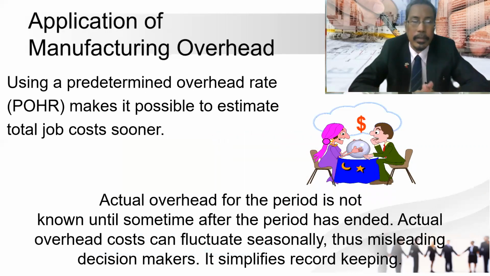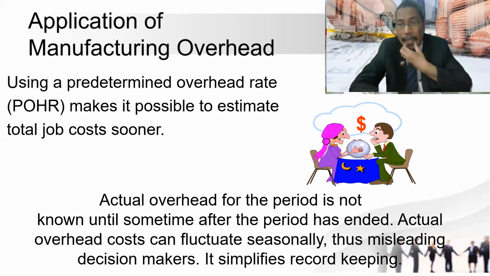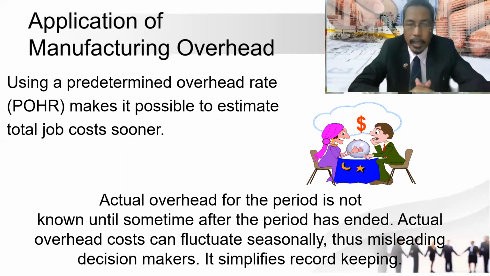Application of manufacturing overhead, continued. Using a predetermined overhead rate makes it possible to estimate total job costs sooner, so we can plan ahead. Actual overhead for the period is not known until sometime after the period has ended. Actual overhead cost can fluctuate seasonally, thus misleading decision makers.